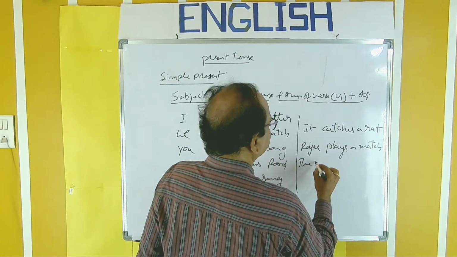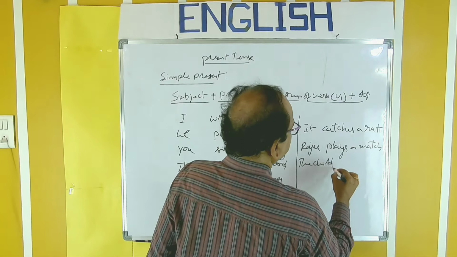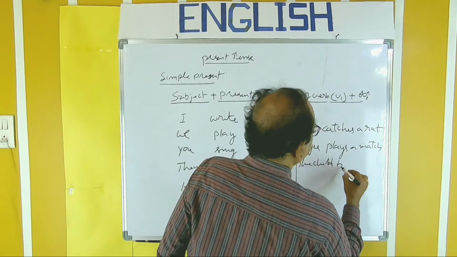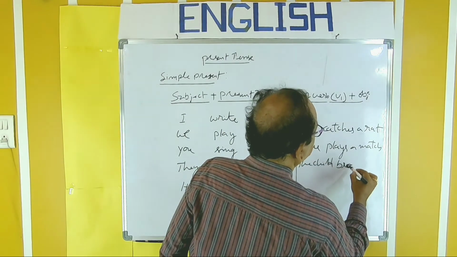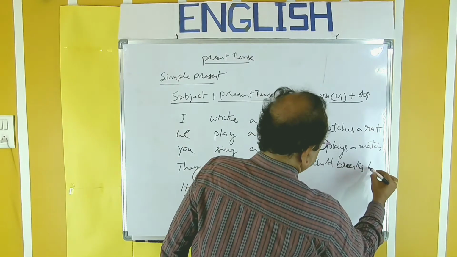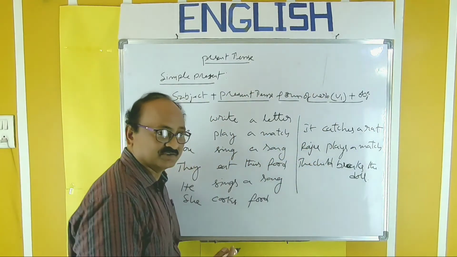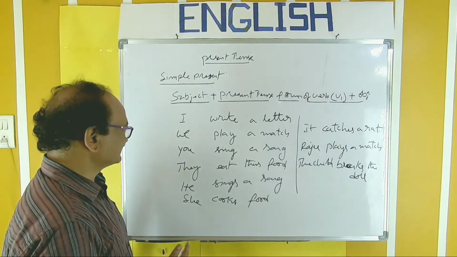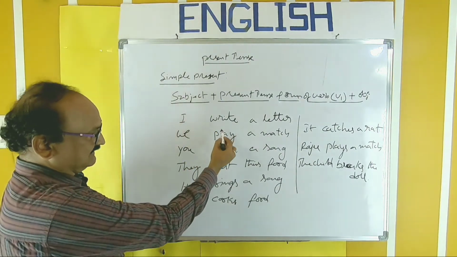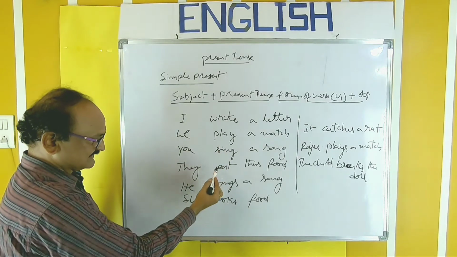The child breaks the doll, and so on. You can take examples. So look, all V1: write, play, sing, eat.